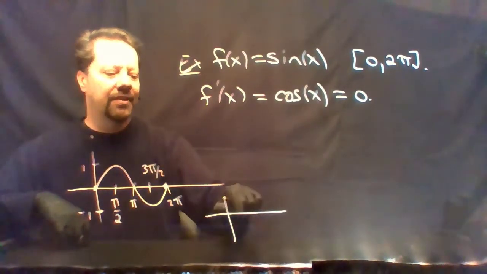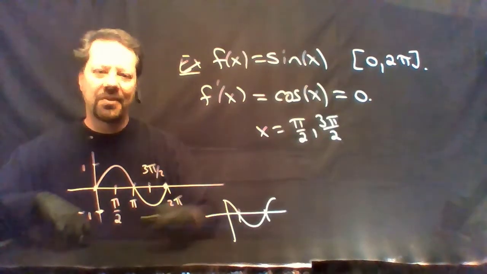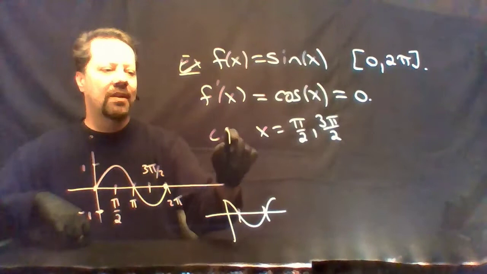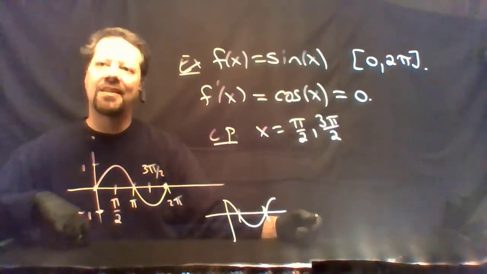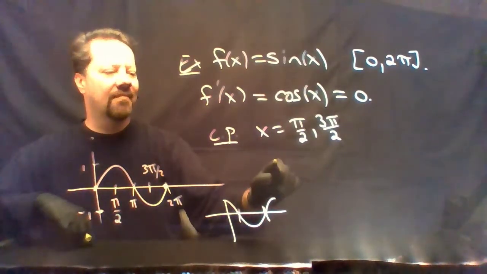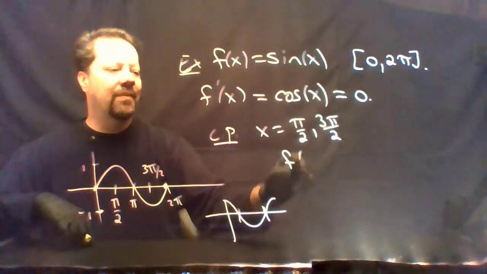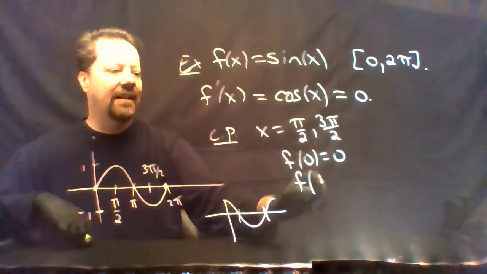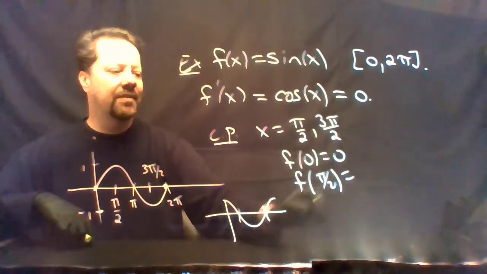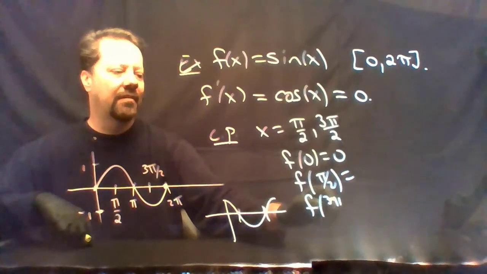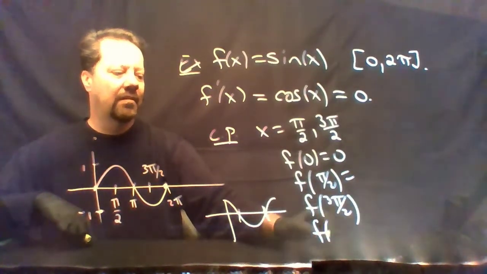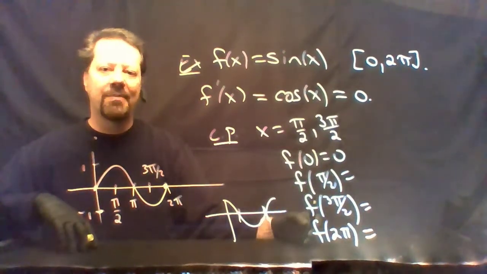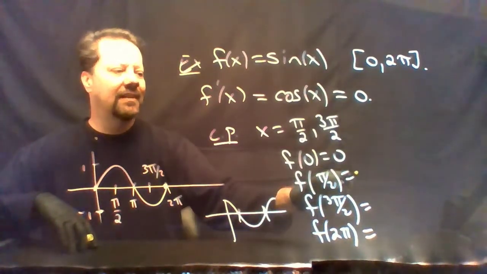We'll set that equal to 0 and try to find the critical points. For the cosine function, cosine equals 0 at pi over 2 and 3 pi over 2. These are going to be critical points, then, of the sine function. If we evaluate our function at the endpoints and at the critical points, that should tell the tale about the absolute extrema on this closed and bounded interval.